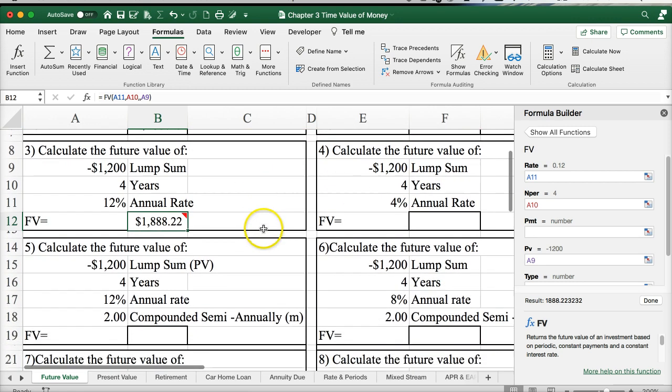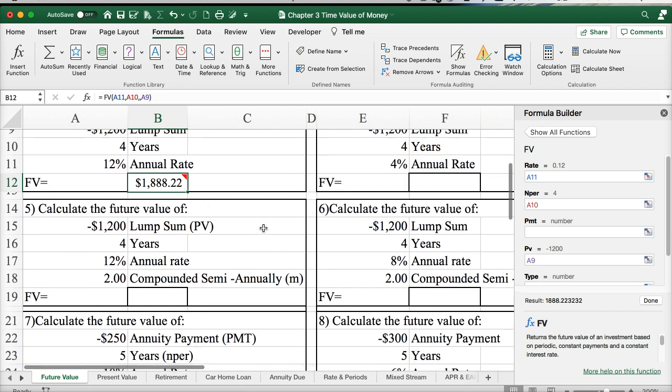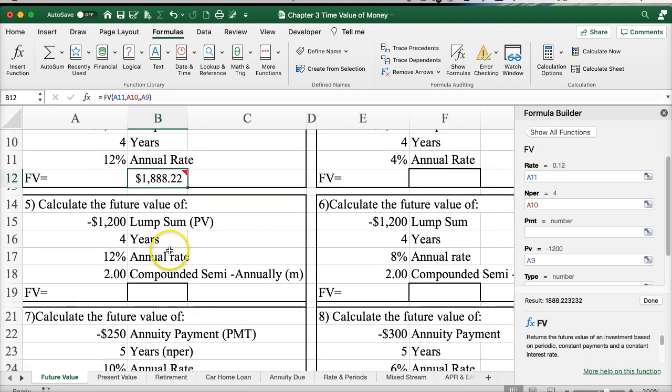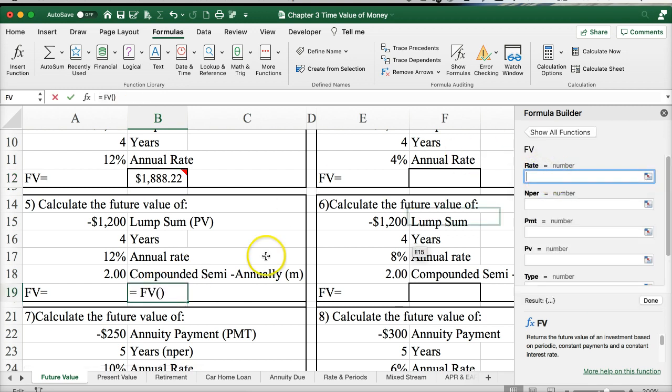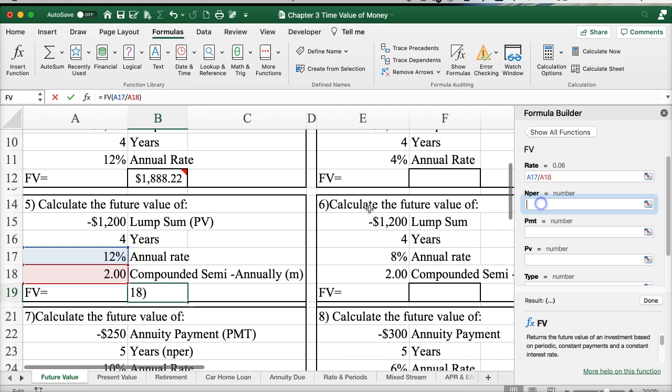You would use the same formula in problems 2 and 4, which you could try on your own. Now, if we're going to do a problem where we have a different type of compounding, semi-annually, when we calculate this, we have to take into account that the annual rate should be divided by the compounding, and the nper would be multiplied by the compounding.